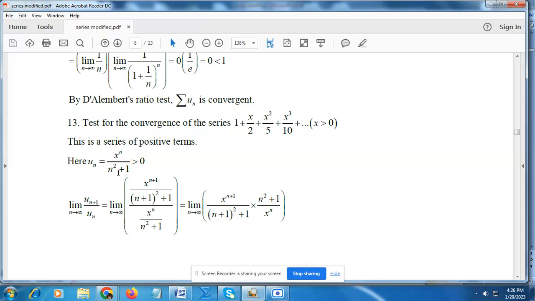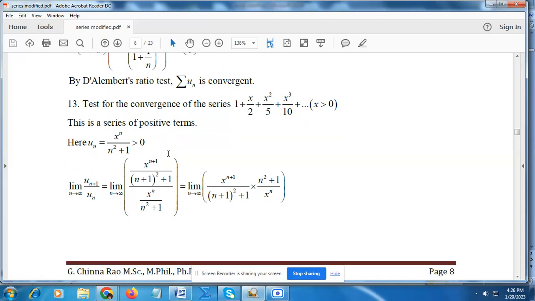So when you take n as 1, what happens? x power 1 by 1 square plus 1, this is x by 2. Here the first term is neglected, and for n equal to 2 we get x square by 5, and so on. Neglecting the first term does not affect the series, no problem.